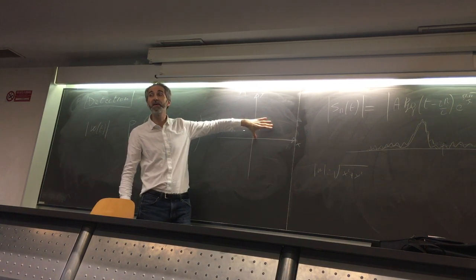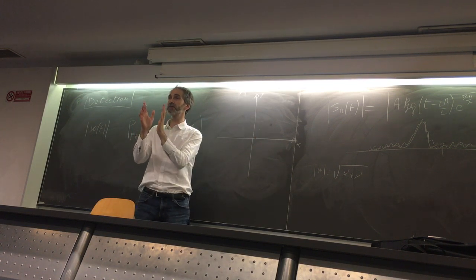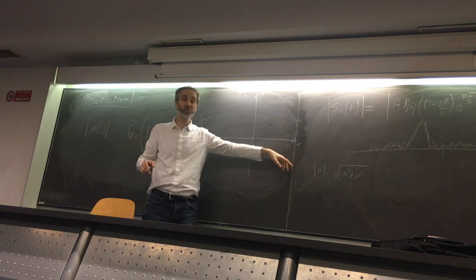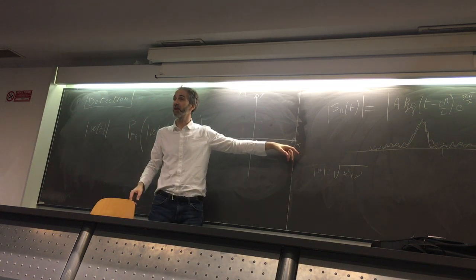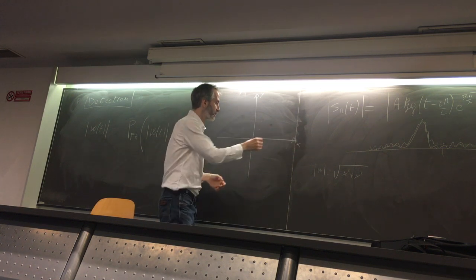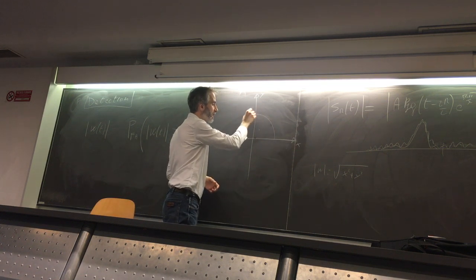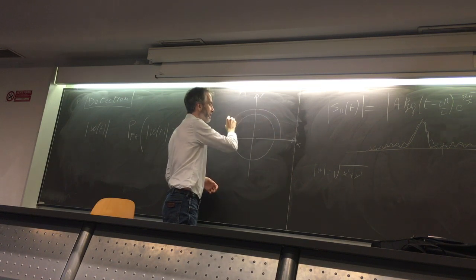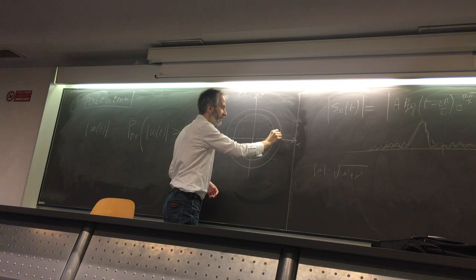So the probability that the absolute value falls into a certain interval is equal to the probability that this pair of random variables, x and y, fall into some circular curve like this.